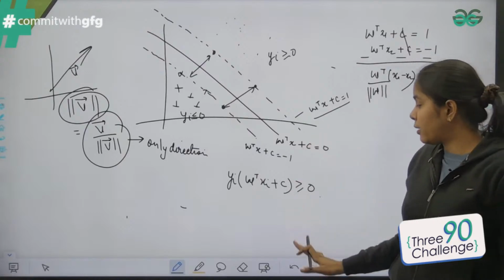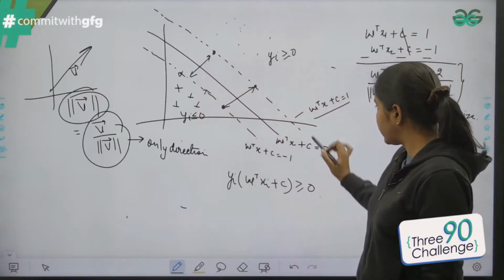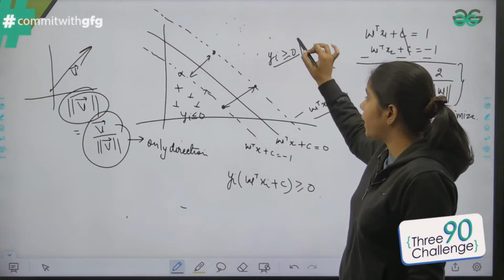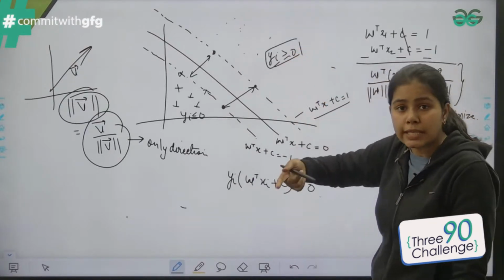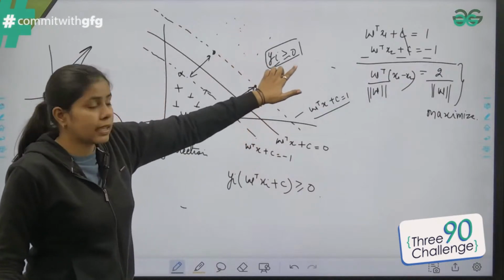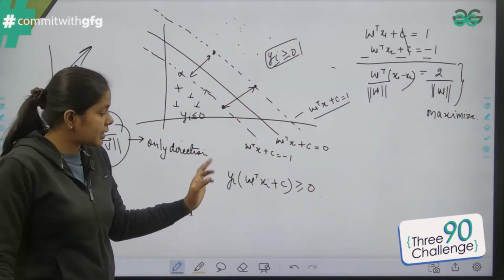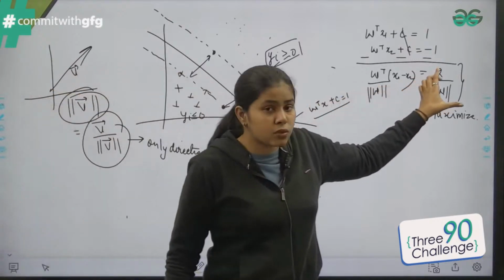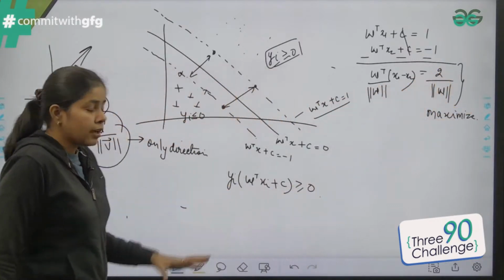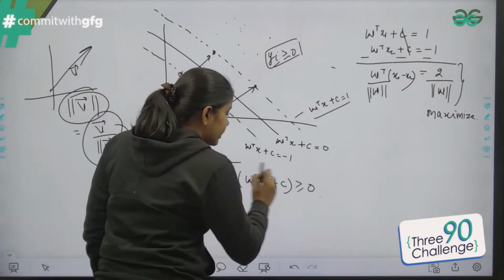Right? So that means what we have to do in support vector machine, guys, because we are taking positive and negative, because we are working on science. So not playing tennis we take as positive, and playing tennis we take yi as negative. So you can see that we have to maximize 2 upon norm of w such that yi into w transpose xi plus c is greater than or equal to 0. Why have we taken this condition?